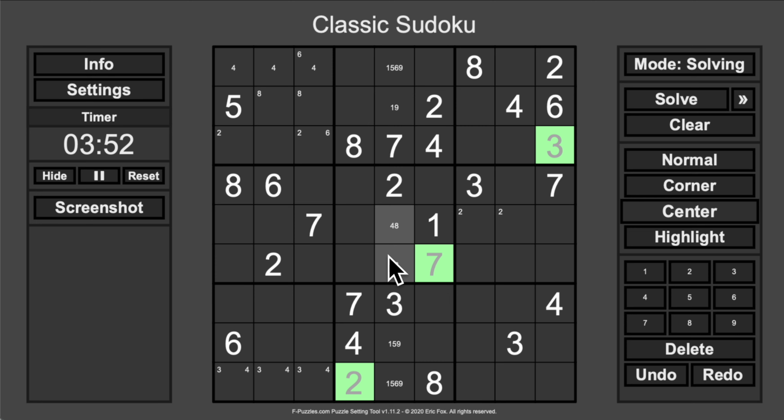In here is 1, 2, 4, 7, 8, which means I need 3, 5, 6, and 9 to place. But neither of these can be 3 or 6, so these are 5 and 9. That means these are 3 and 6. They simply can't be anything else.